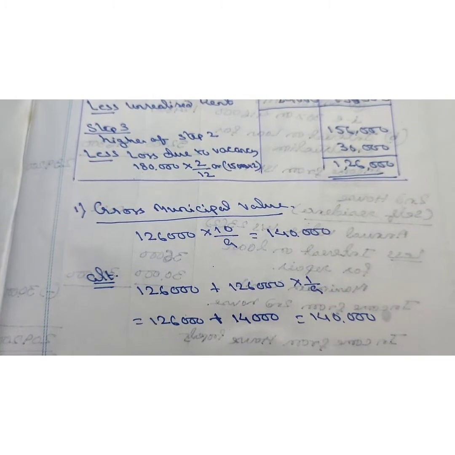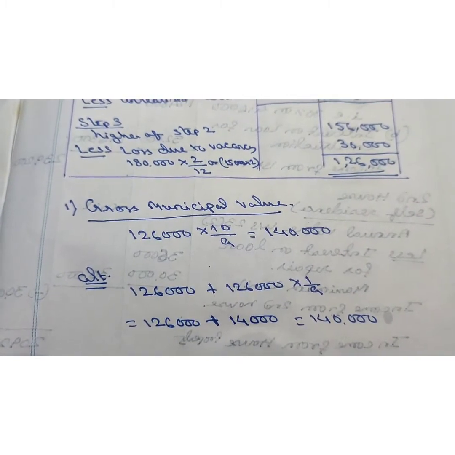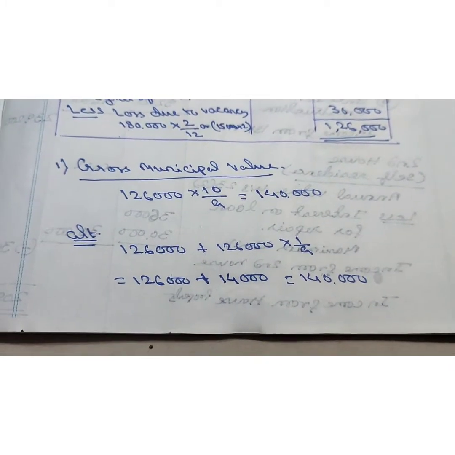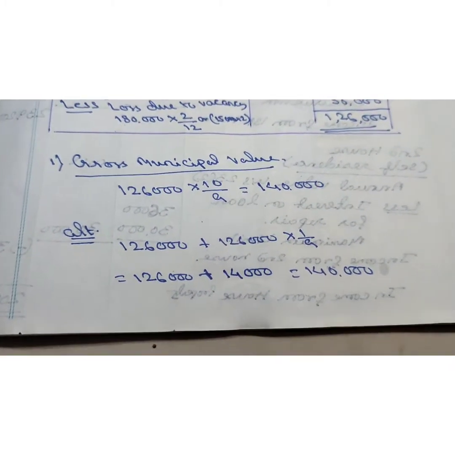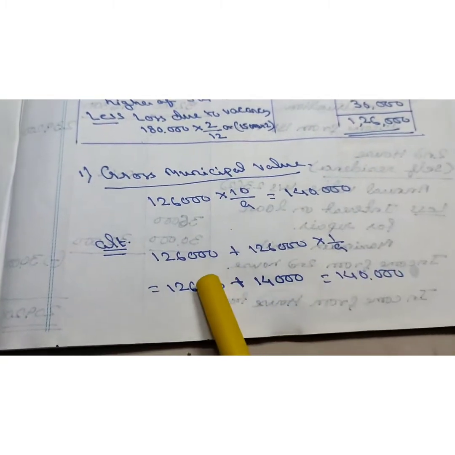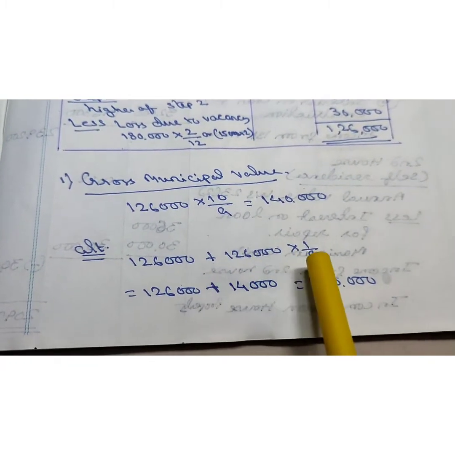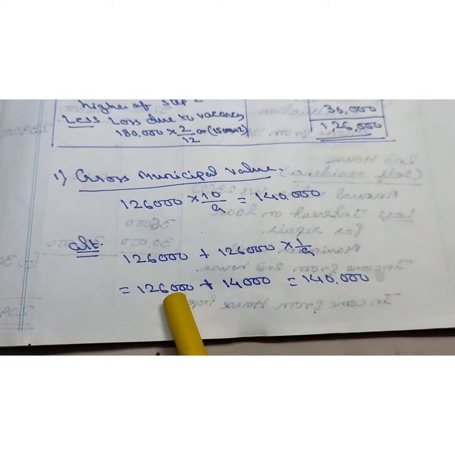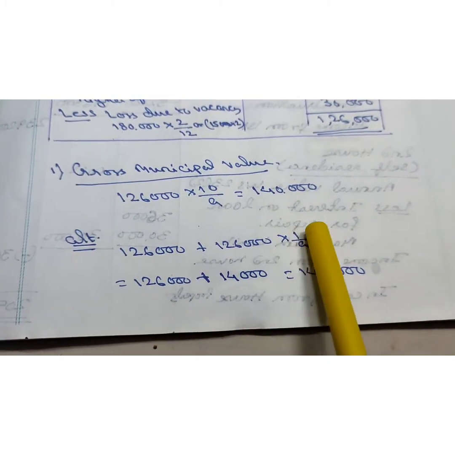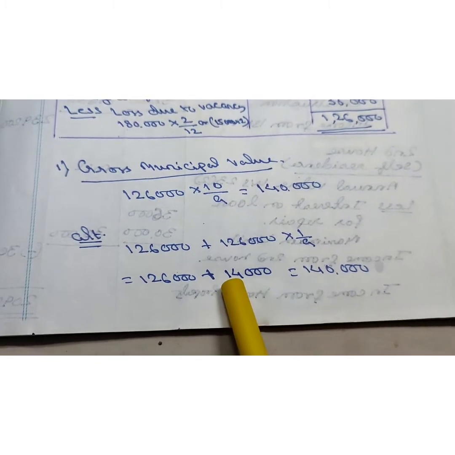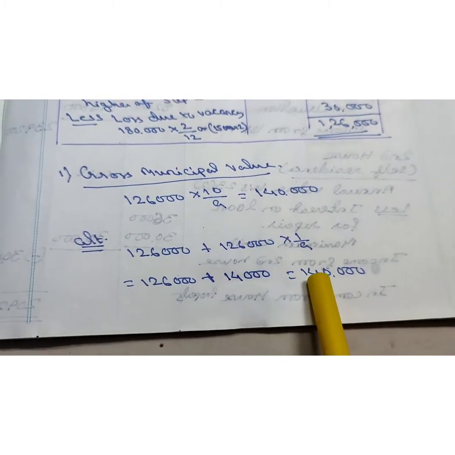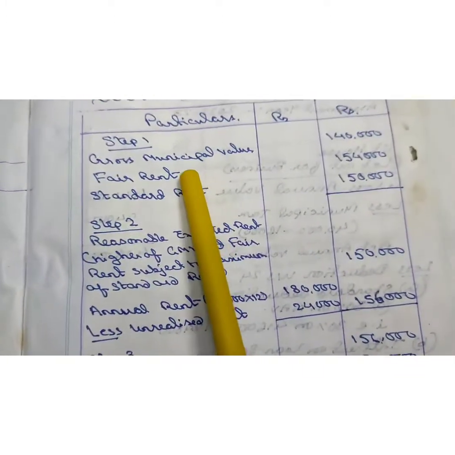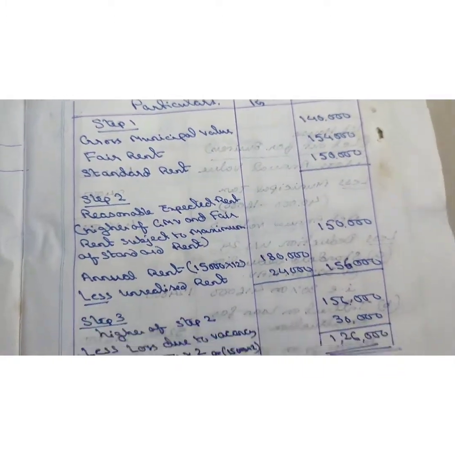So 1,26,000 into 10 by 9, this is 1,40,000. There is another method, an alternative calculation: 1,20,000, that is the net municipal value, and we add 1/9 of this net municipal value, that is 1,20,000 plus 1/9 of 1,20,000, that is 14,000. Total is 1,40,000. Both answers are the same. So gross municipal value is rupees 1,40,000.